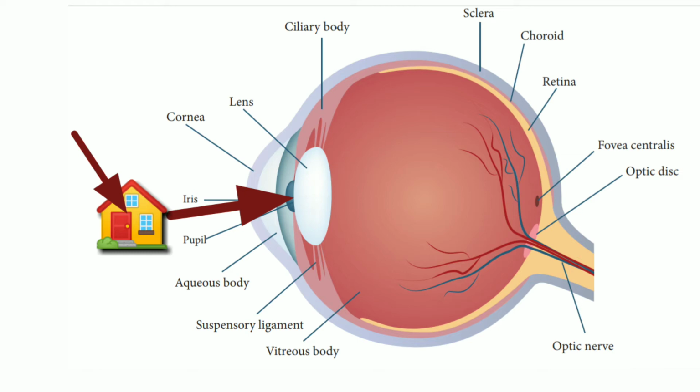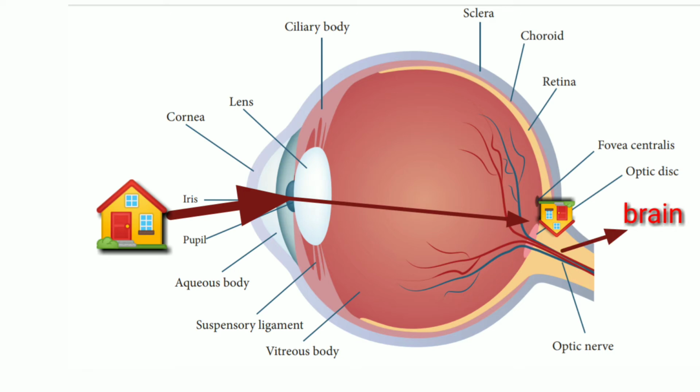The eye lens is convex in nature, so the light rays from the objects are converged and a real and inverted image is formed on the retina. Then, the retina passes the received real and inverted image to the brain through optic nerves. Finally, the brain senses it as an erect image.